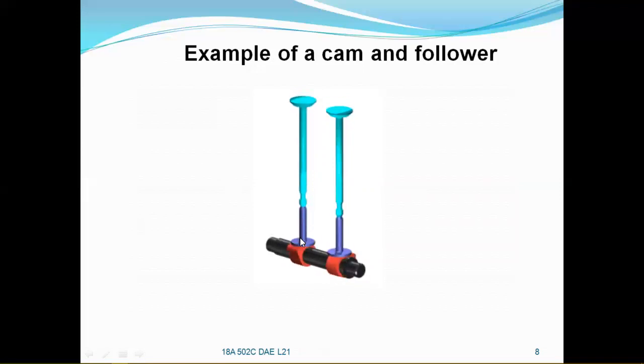As you observe, one is opening and one is closing. This is happening only because of the shape of the cam. This is the best example of IC engines, right?